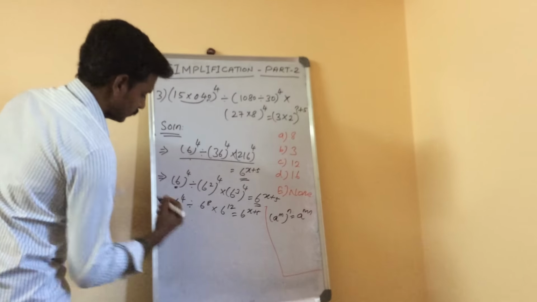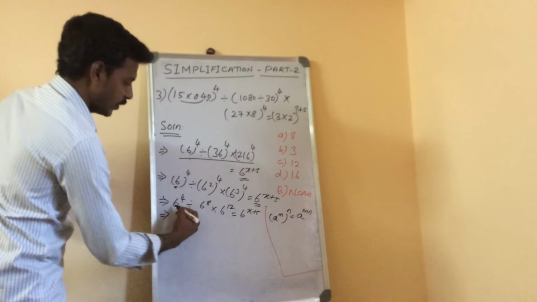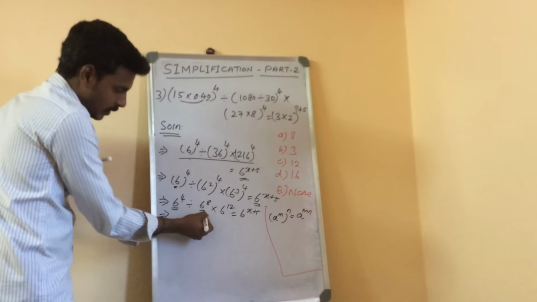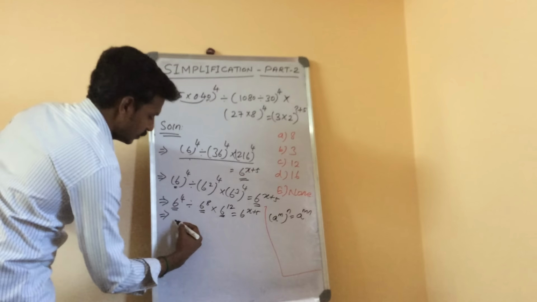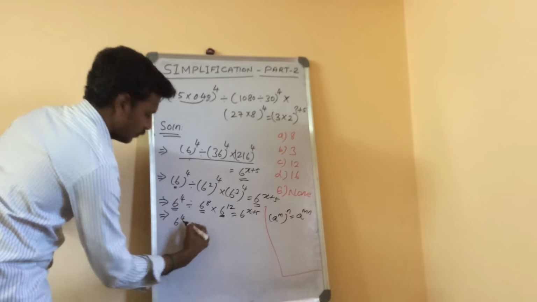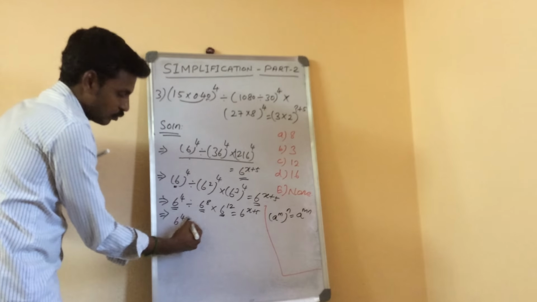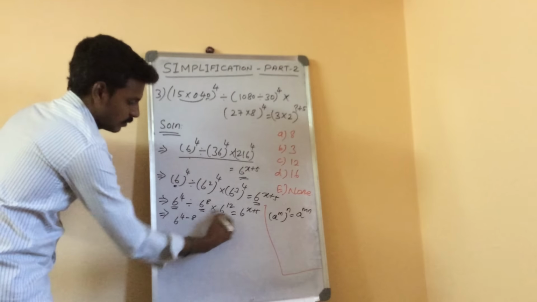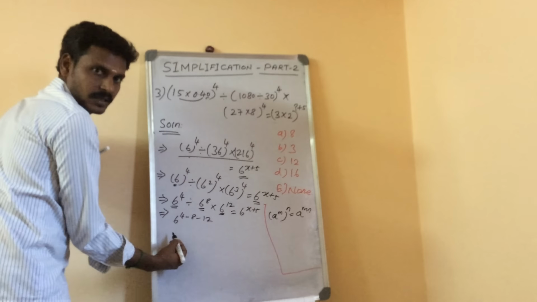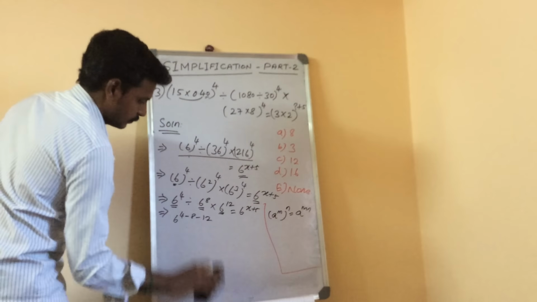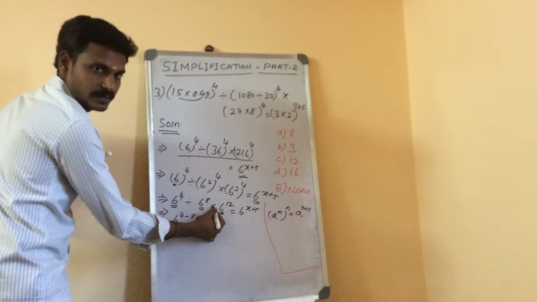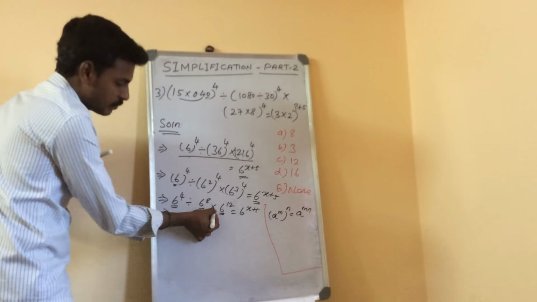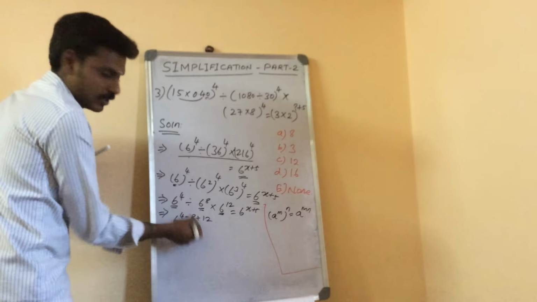Okay. Then we need to add the power value because the base value is the same, right? So 6 power 4, here will be the divided. So you can take the minus value, minus 8, and plus 12 because it is multiply. So if it is divided, you take the subtract value. If it is multiply, you take the plus value, okay?